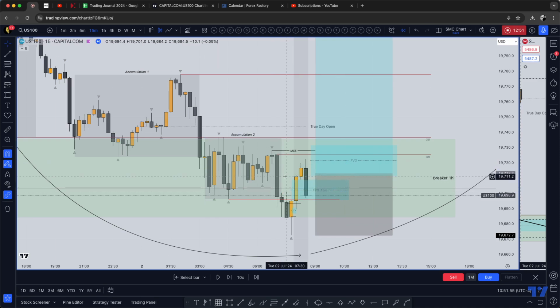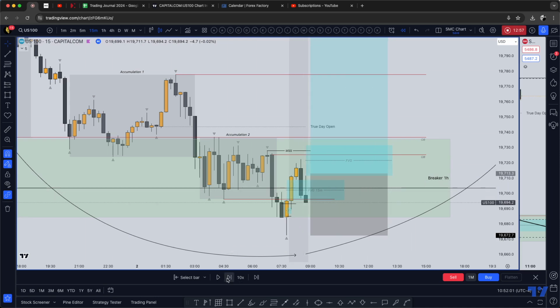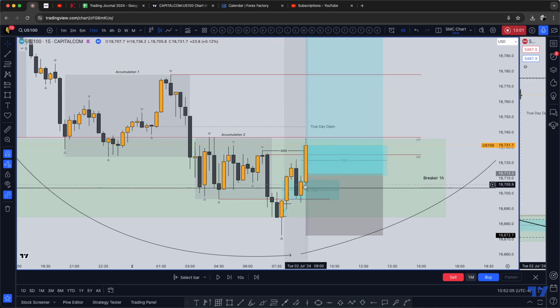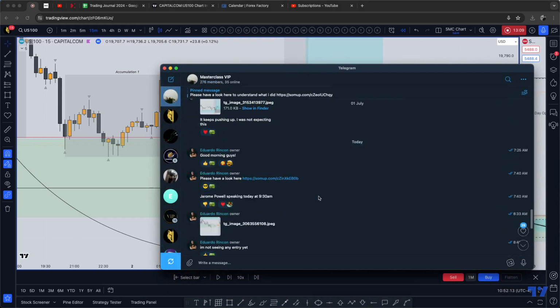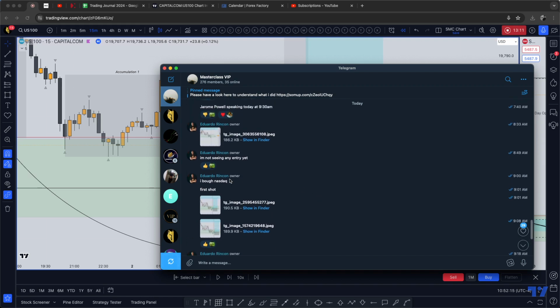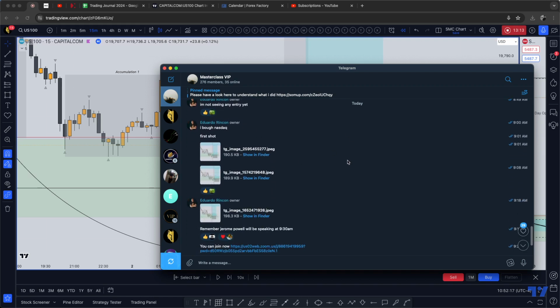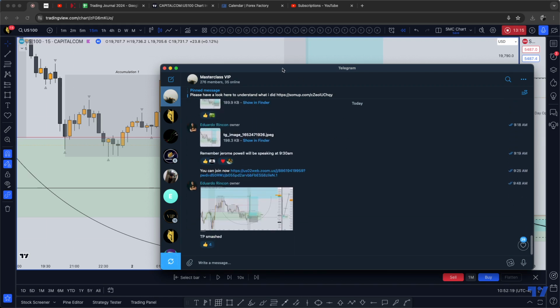So there is a fight right here, but I don't want to sell, right? Ideally, I want to look for a buy. So I'm waiting, and when I start to see this rejection right here, this candle starting to form, I actually enter right here in this one, entered aggressively. So I told my team, I'm taking the shot. This was actually live today.